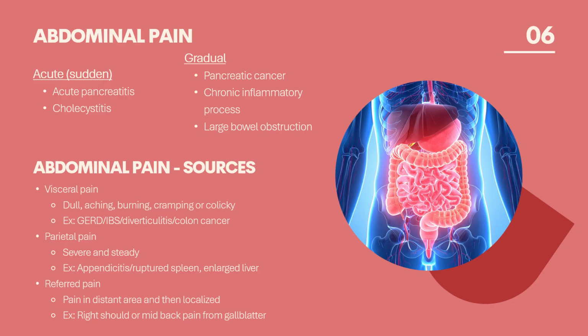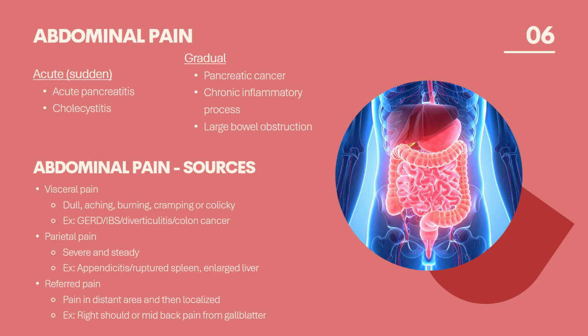Then you have gradual onset abdominal pain. This is when the pain develops slowly over hours or days. It may start mild and then progressively get worse. Clinically, this often suggests an inflammatory or infectious process.